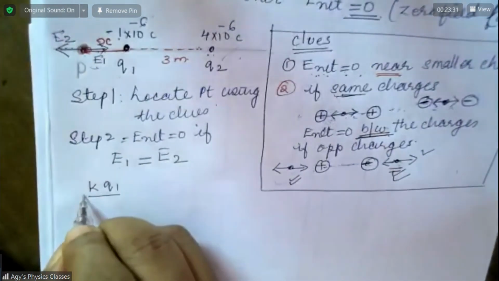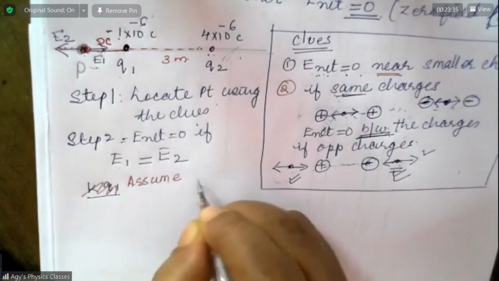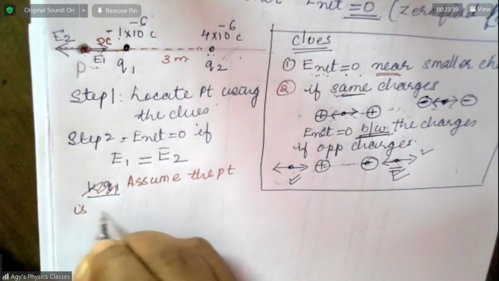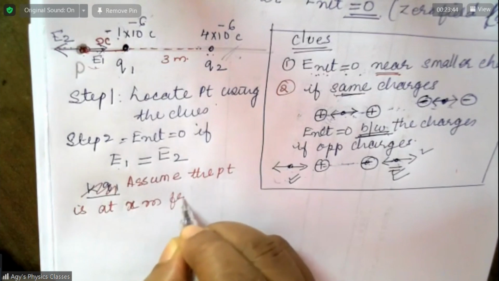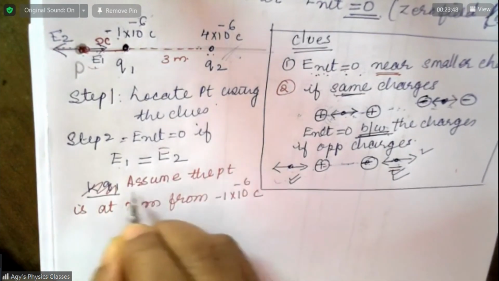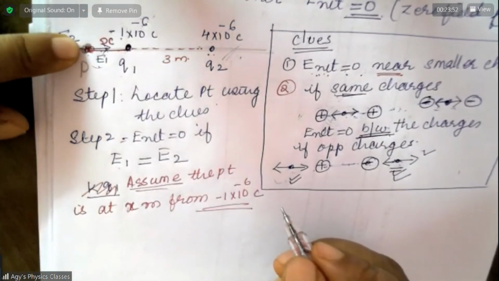This is what you have to assume. So assume that the point is at x meter from -1 into 10 to the power of -6 coulomb. This is what you have to assume. And you have got the point.